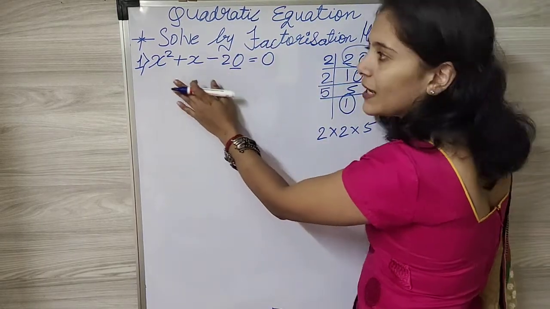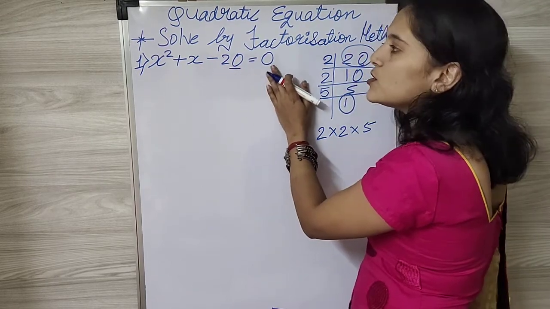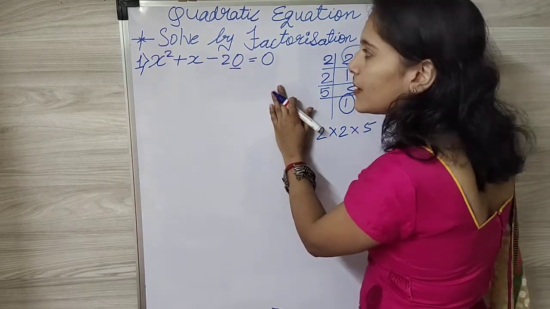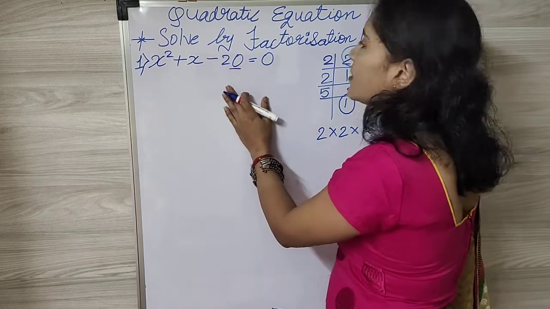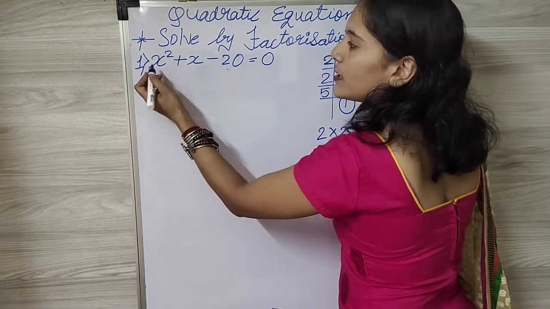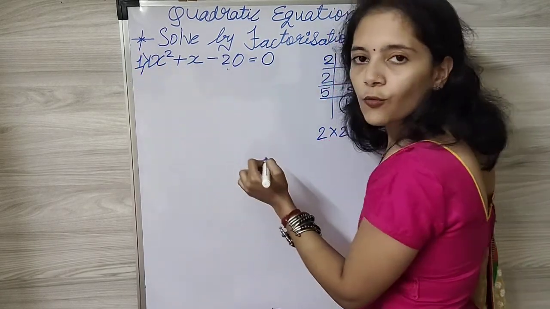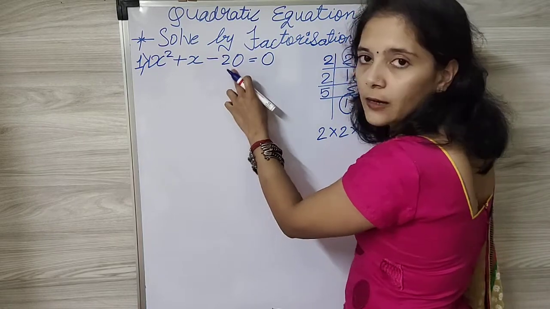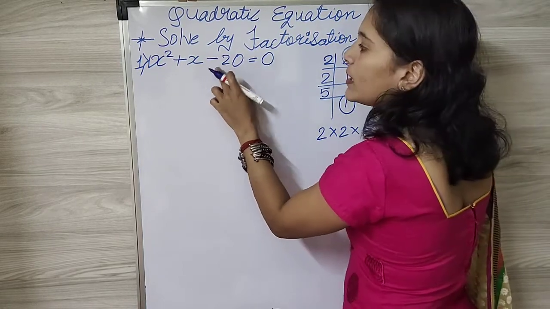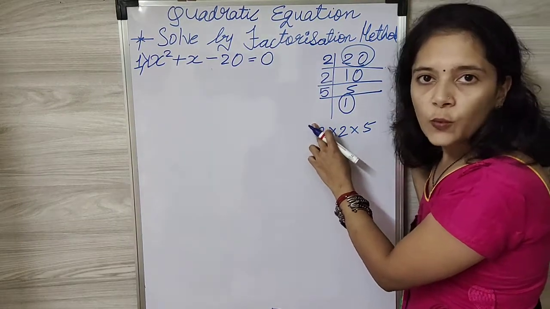So in this sum, the question is x square plus x minus 20 is equal to 0. This is an equation, right? While solving by factorization, what we have to do is first multiply. When there is no coefficient before x, I replace it by 1. So 20 ones are 20, and I have written here the factorization of 20, right?